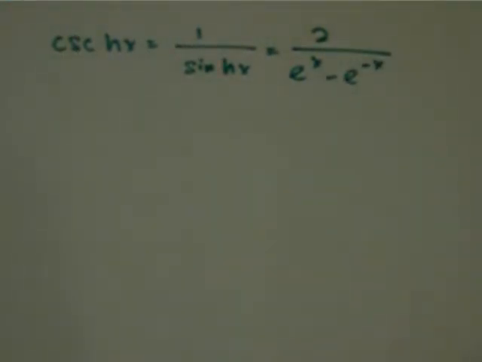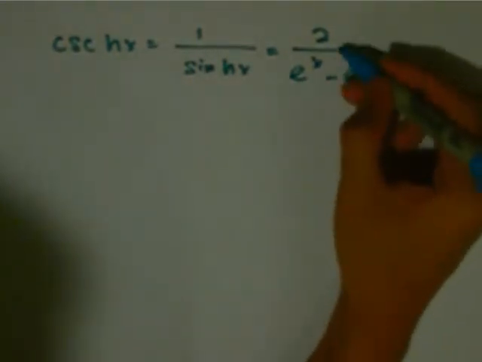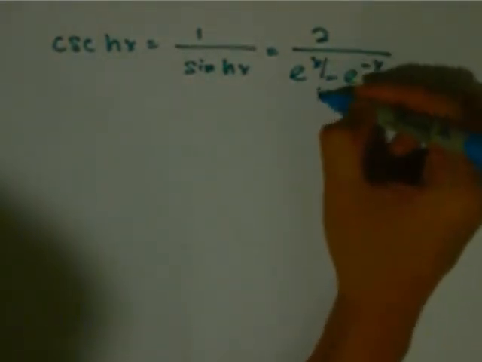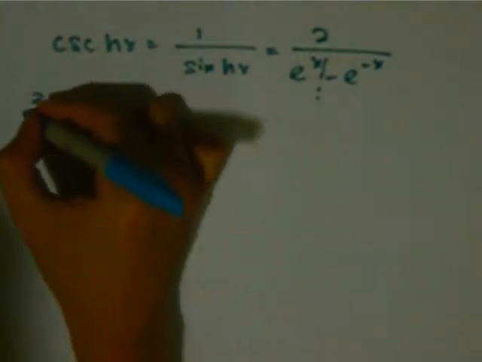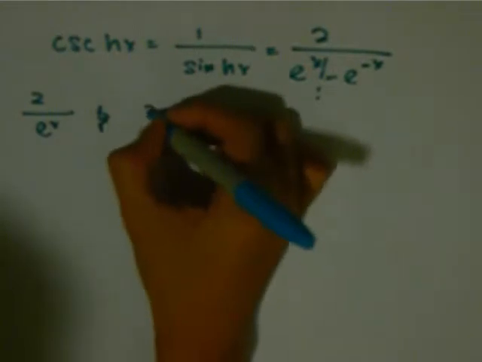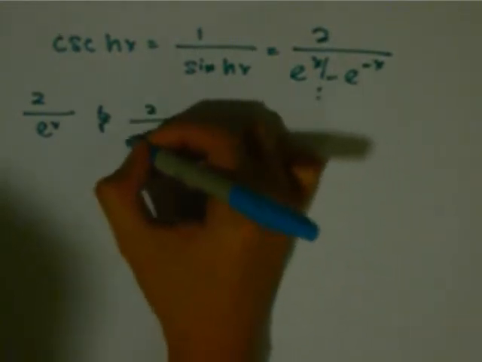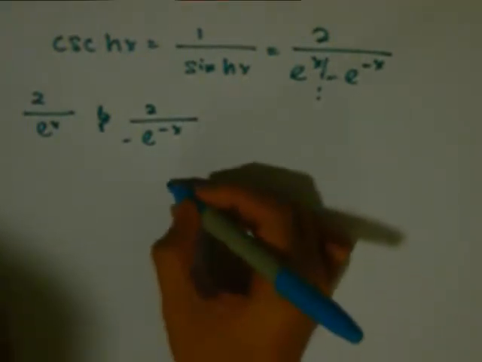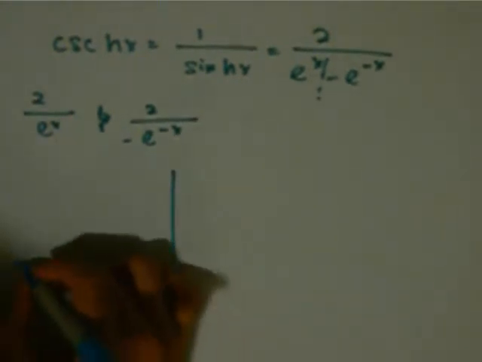Now for this particular graph, it's actually easier if we break up this equation into two parts. So 2 divided by e^x and 2 divided by negative e^(-x). From here on we can begin to draw the graph.